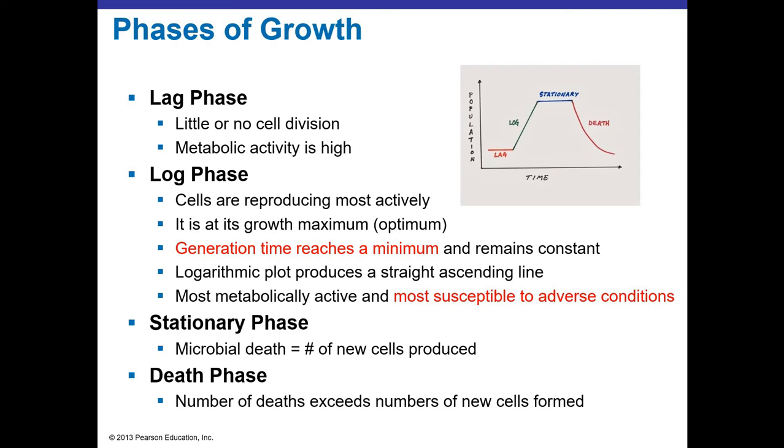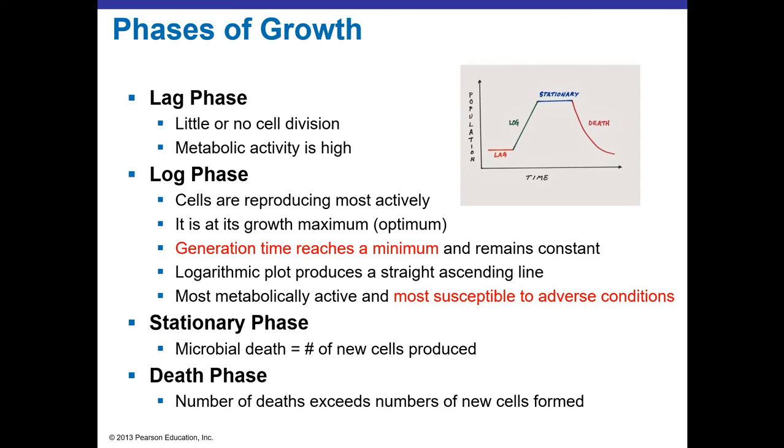When it goes into the log phase, that's when we start to see the cells actively reproducing. That's when you're going to have that logarithmic or exponential growth as the curve shoots up. This means that the bacteria is at its growth maximum. It's at its optimum, growing as quickly as it can. But think about the terminology: the generation time is at its minimum.